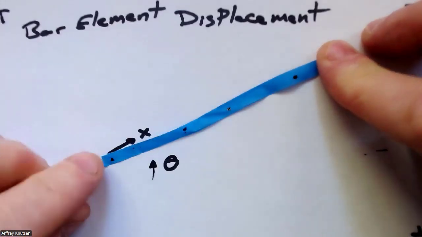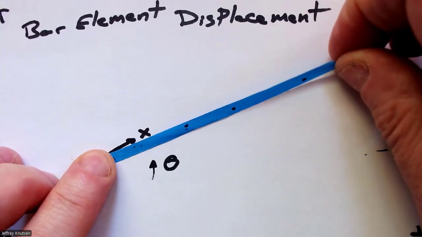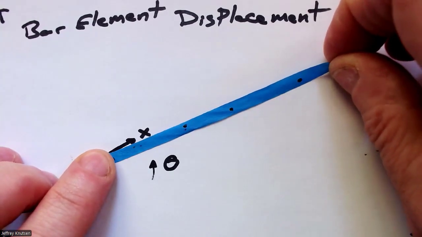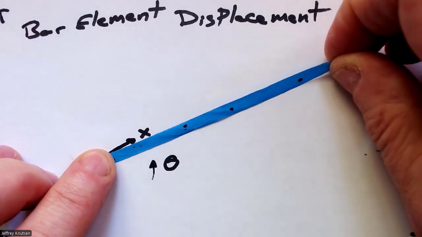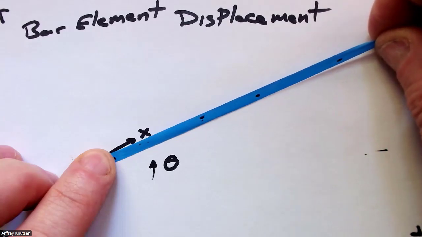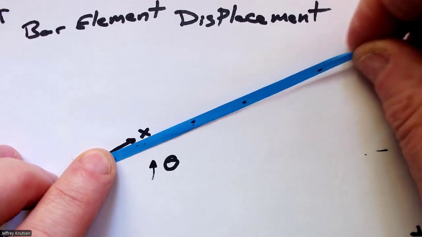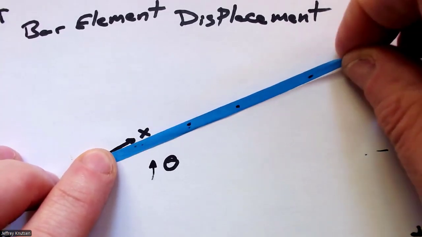The only thing I want you to pay attention to is the displacement of each of these dots, and think about how the displacement is a function of the distance from my left finger, so the distance from node 1. As I displace it, the dot closer to my right finger is displaced more, and the dot closer to my left finger isn't displaced as much.